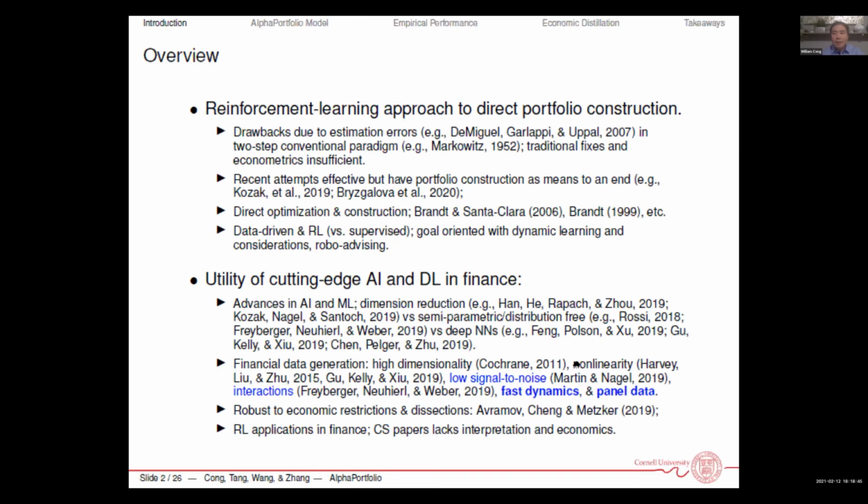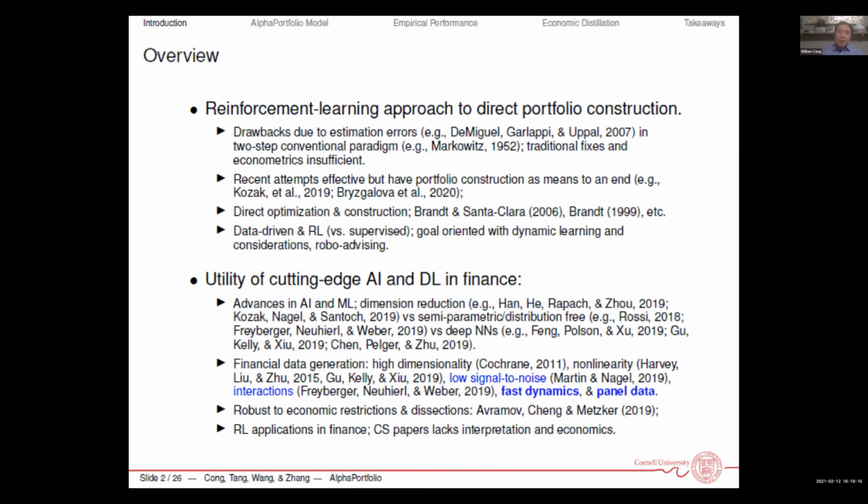High dimensionality and nonlinearity are common across different disciplines. But in a financial environment, or even social science in general, we have much lower signal to noise. We have a lot of endogenous interactions of variables, rather than the sparsity problem that computer scientists typically have to deal with. We typically have fast non-stationary dynamics. All these make a neural net approach make sense, because they allow us to accommodate many of these issues.